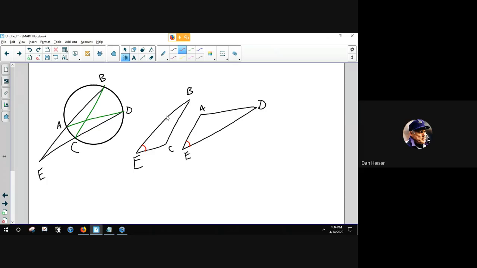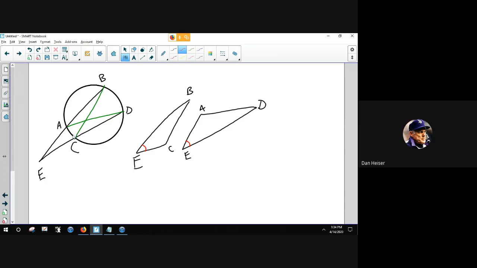Now, the reason I chose these two triangles and these two green segments was to get a common arc for two angles. Angle B on the circle, inscribed, creates this arc. Angle D on the circle, inscribed, creates this arc.